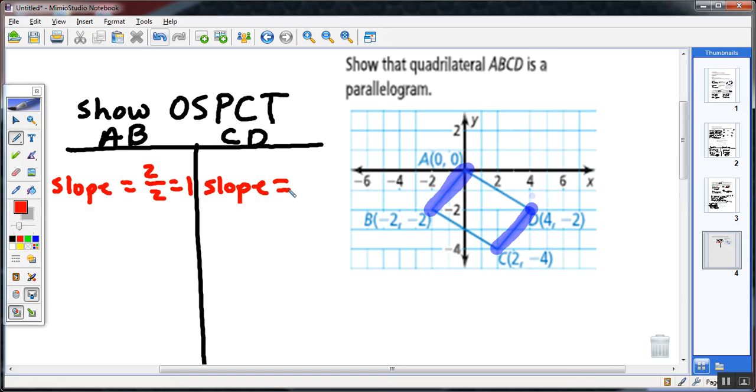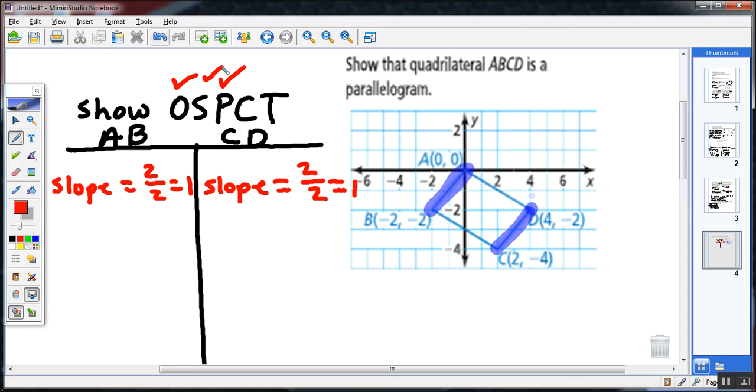Slope from C to D, rise 2 and run 2, which would be 1. Okay, so I've established that the slopes are the same, so the lines right here must be parallel. Okay, so on the opposite sides we've established that AB and CD are opposite of each other. We've shown that they're parallel. Now if I could just show that they're what?